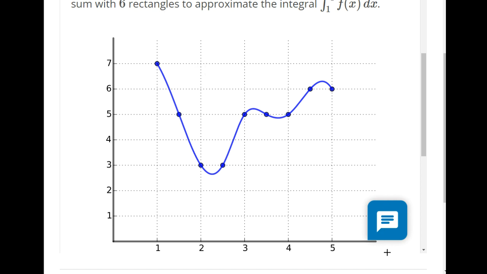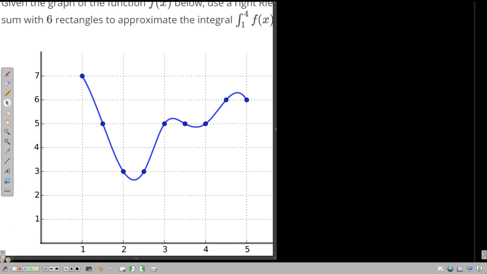They want a right Riemann sum of 6 rectangles. They want it to approximate the integral from 1 to 4.